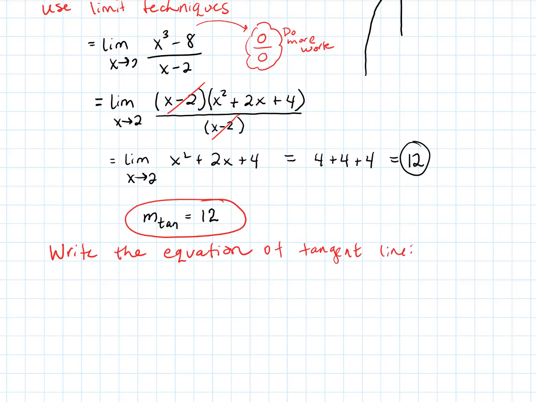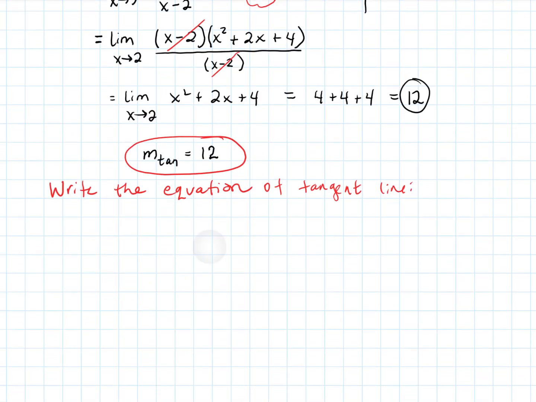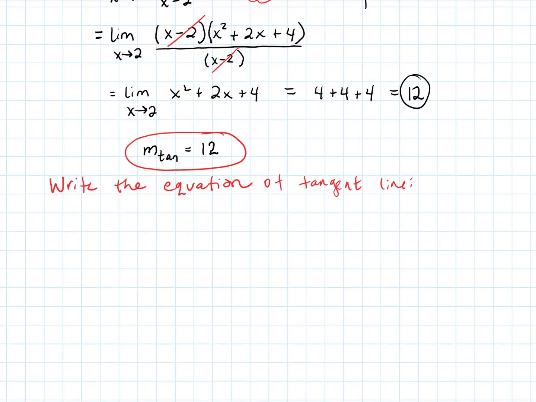So we'll finish this out by finding the equation of the tangent line. Again, we know the slope is 12, right, and we can do this in a couple different ways. You could write just y equals 12x plus b. That's just using the slope-intercept form, and then we know that the ordered pair we're looking at is going through 2, 8. So then I just plug that in. So 8 equals 12 times 2. Now let's see here.